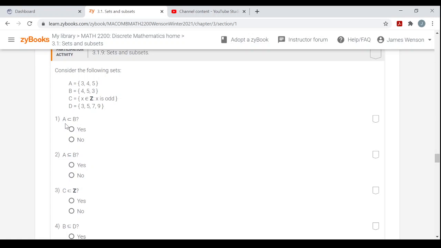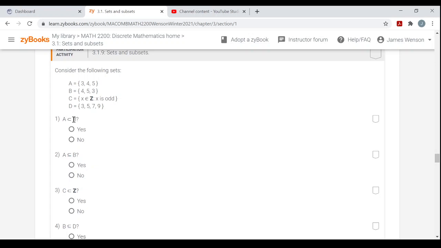Is A a proper subset? It's just like the less than, but without the equal part. So is A a proper subset of B? Now, this means, is every element of A in B? Yeah. 3, 4, and 5 are in A. Those are also in B. But they can't be equal.